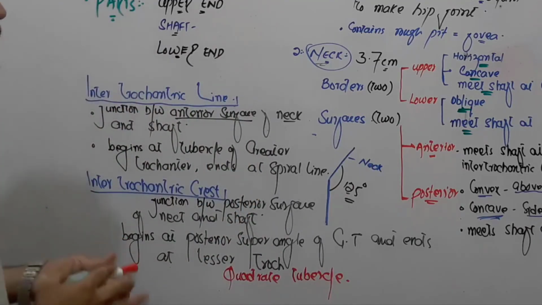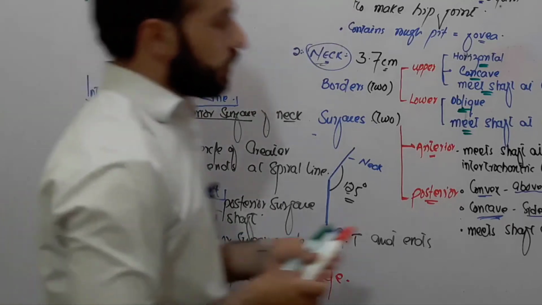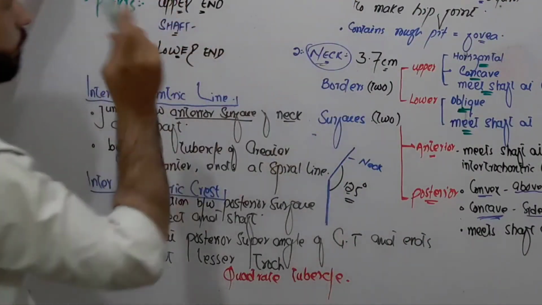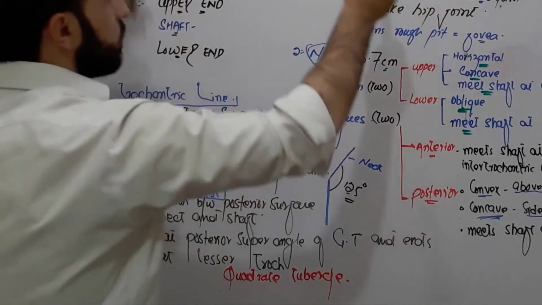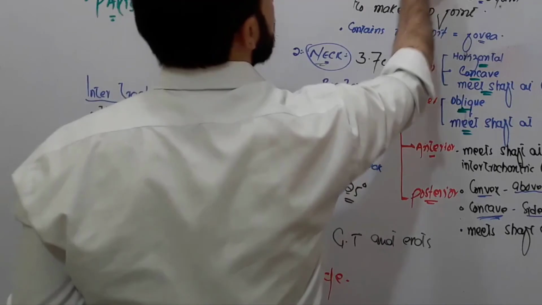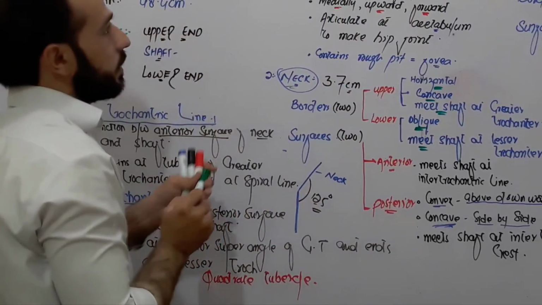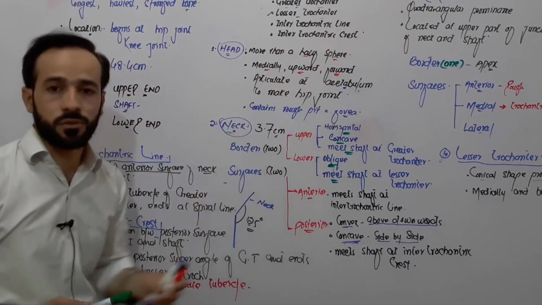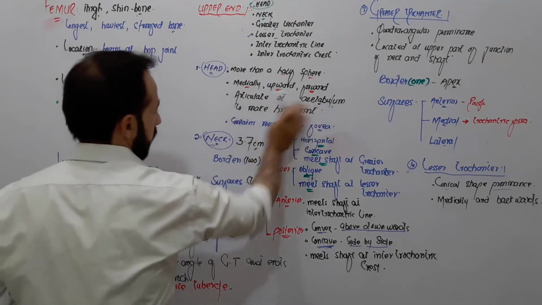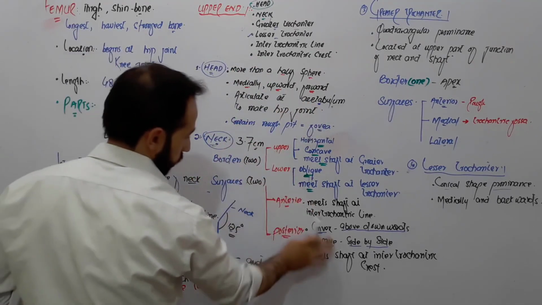Right, friends? Okay, this was about the theory of this upper end of the femur bone. Let's first repeat. The upper end has a head, it has a neck, it has a greater trochanter, lesser trochanter, intertrochanteric line and intertrochanteric crest, right? The head, this was the detail of the head. Then there is the detail of the neck, right?